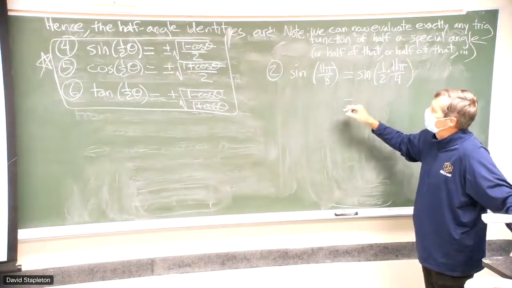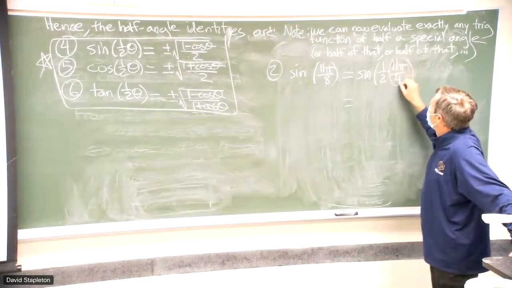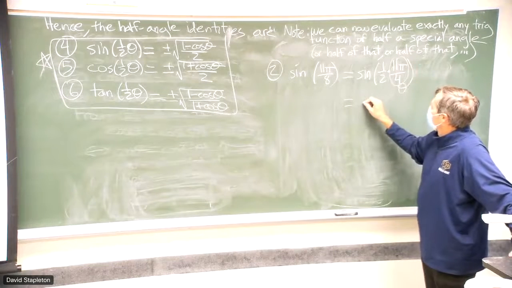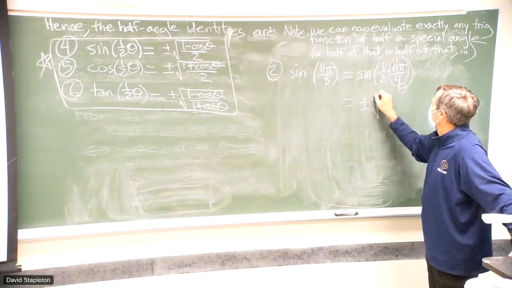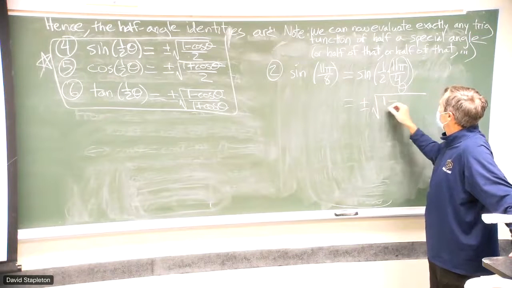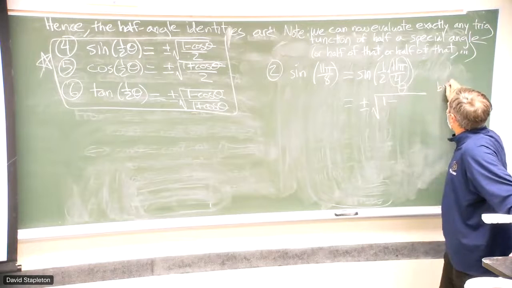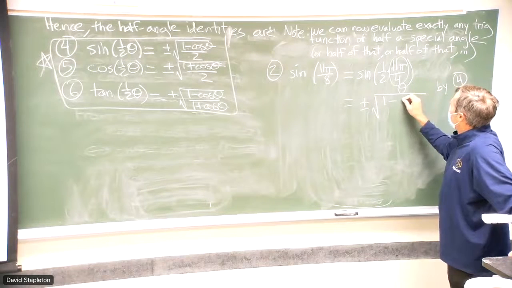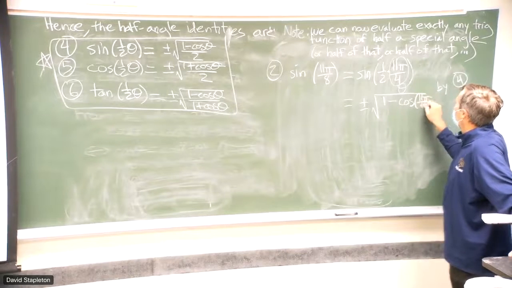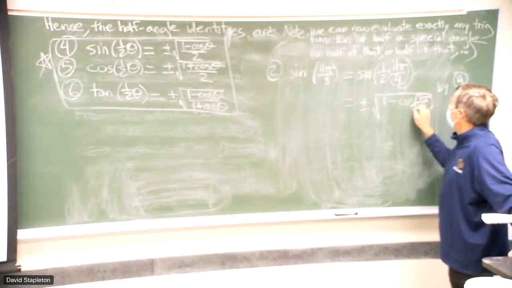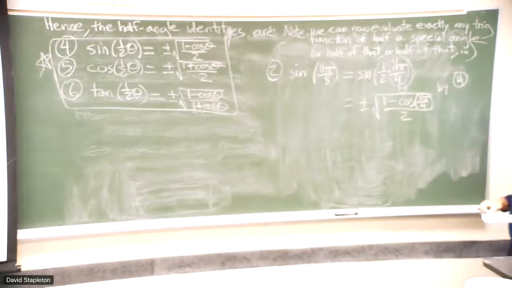I'll say, if I think of this as theta, sine of 1/2 theta is plus or minus the square root of 1 minus, by equation 4, cosine of the whole angle, 11 pi over 4, all over 2, and I can evaluate a cosine of a special angle, right?